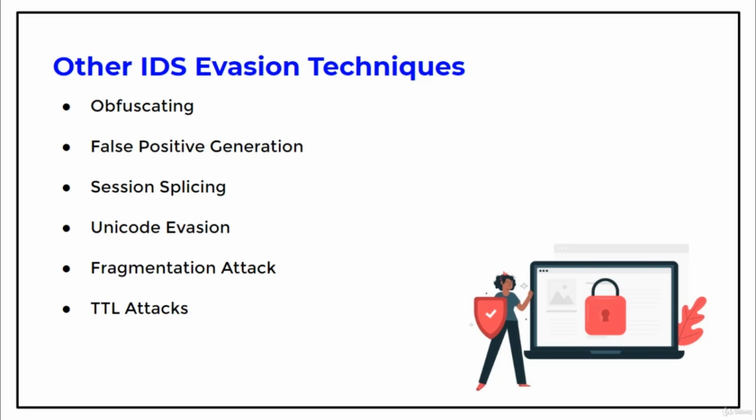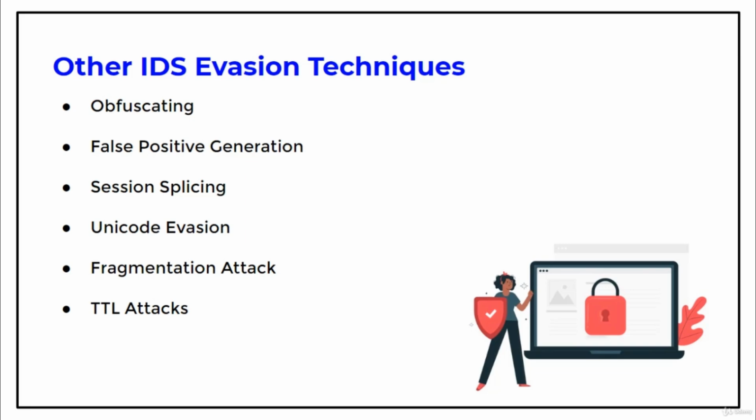Fragmentation attack. Fragmentation can be used as an attack vector when fragmentation timeouts vary between IDS and host. If fragment reassembly timeout is 10 seconds at the IDS and 20 seconds at the target system, attackers will send the second fragment exactly 15 seconds after sending the first fragment.